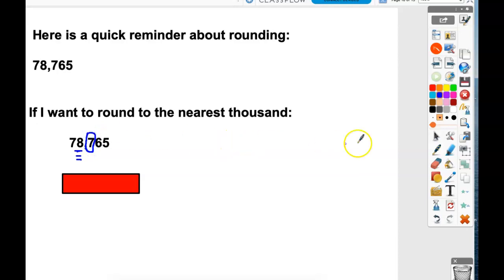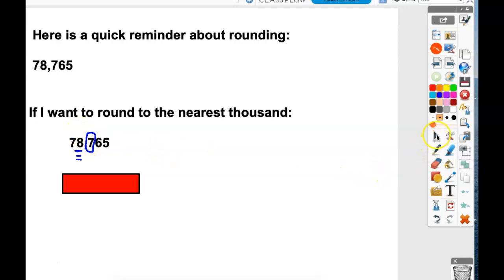And that's when you make the decision. Is he 5 or more? Is he 5, 6, 7, 8, 9? If he is, you need to add 1 to the guy that you underline. Because remember, he's the one that makes the decision. If this number were a 0, 1, 2, 3, or 4, then you wouldn't change this. So when I go to change this, because he is 5 or more, I need to add 1 here.